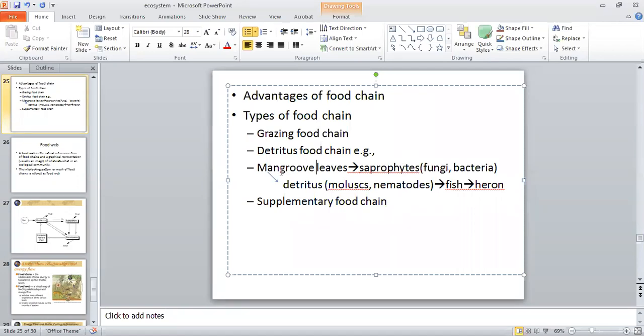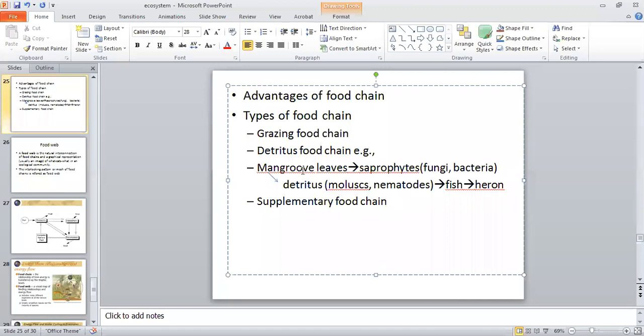Then there can be another pathway in which the detritus organisms, for example mollusks, nematodes, and crabs, will attack these leaves, and these will in turn be eaten by certain large or small game fish, herons, storks, fish eating birds, etc. So in this way this food chain will operate.